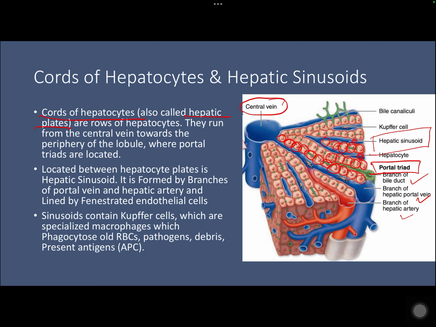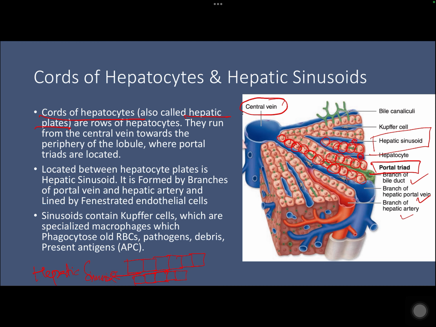Which branches of the artery and vein form the hepatic sinusoid, we will discuss later. But right now the important thing is that the space between one hepatocyte cord and another cord of hepatocytes is what we call the hepatic sinusoid.